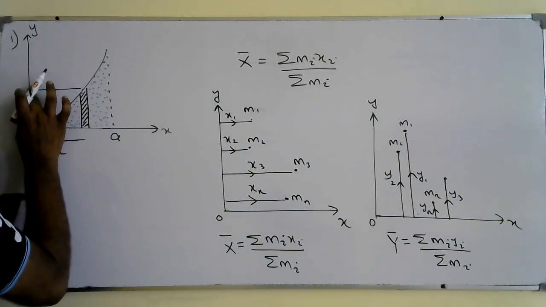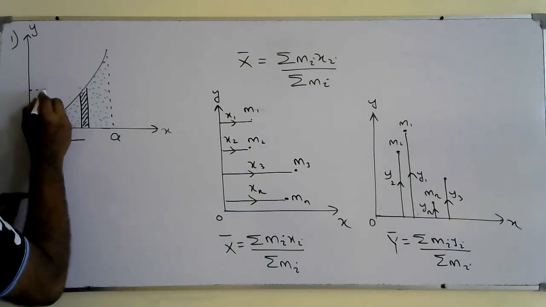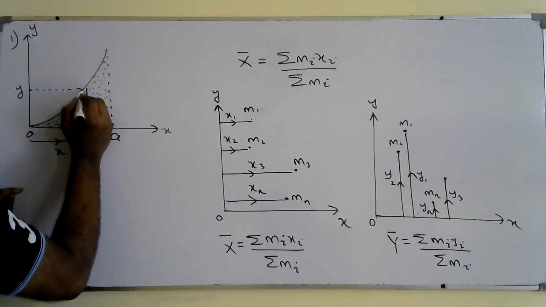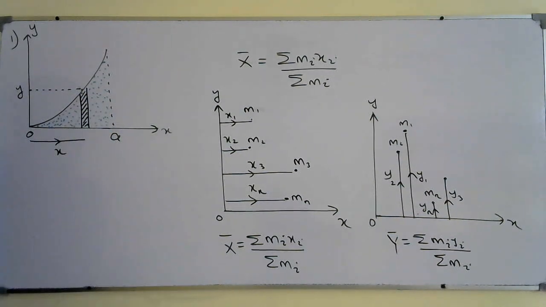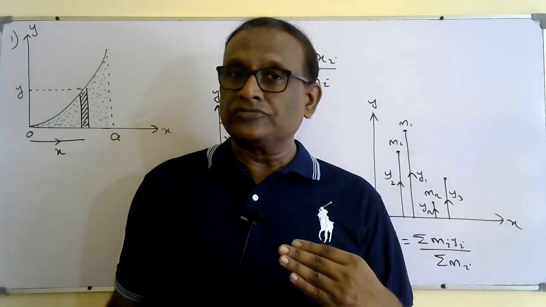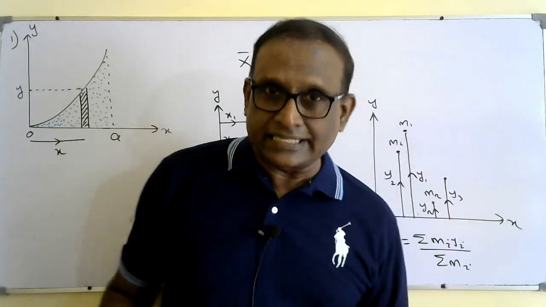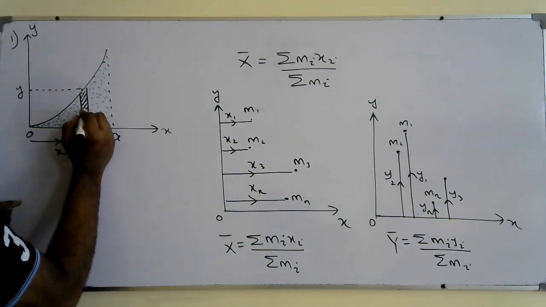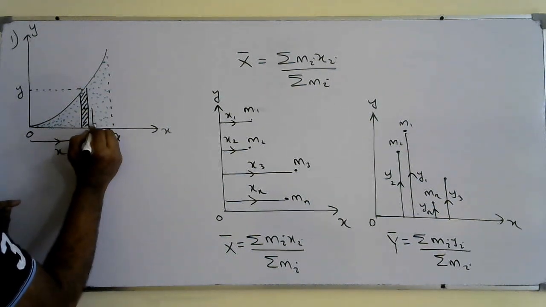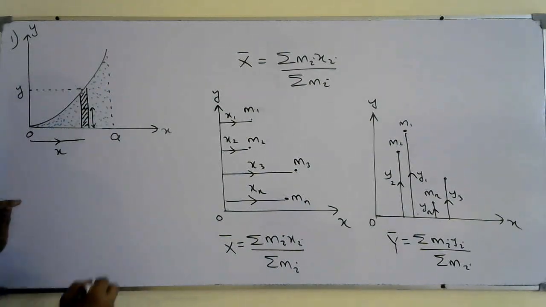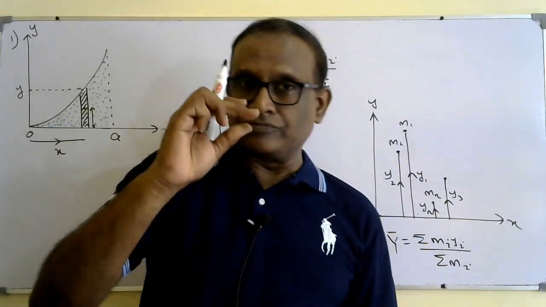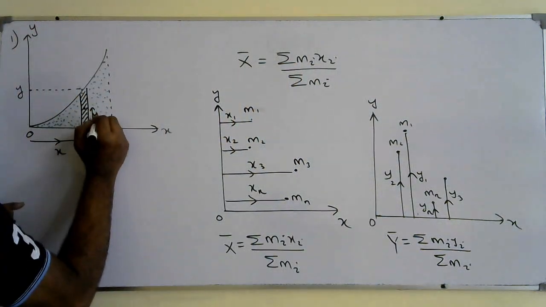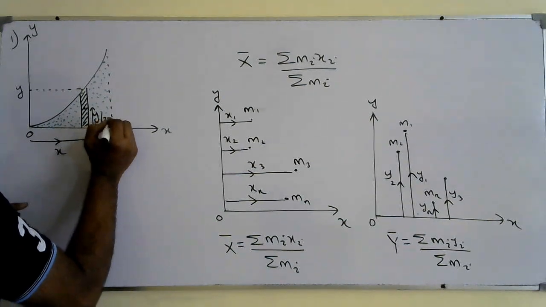So the y-coordinate of the center of mass of this strip, from the x-axis, is at the center of this height, somewhere here, that will be y by 2. Because it is a uniform rectangular strip, the center of mass will be at half of the height. So it will be at y by 2.